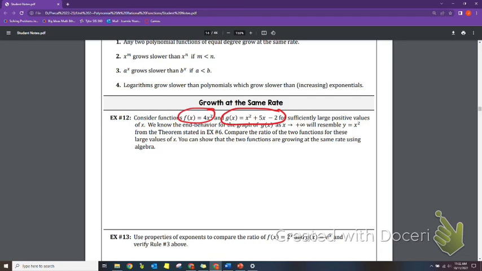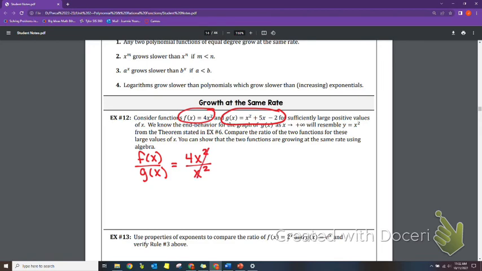So according to number 1 up here, any two polynomial functions of equal degree will grow at the same rate. So it's going to have to do something with their coefficients. Let's compare f of x to g of x. We know f of x's leading term is 4x squared, and g of x's leading term is x squared.